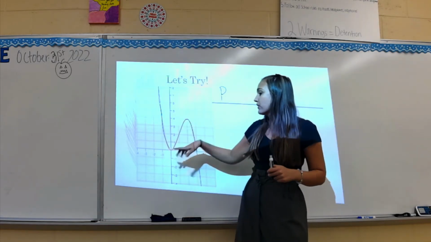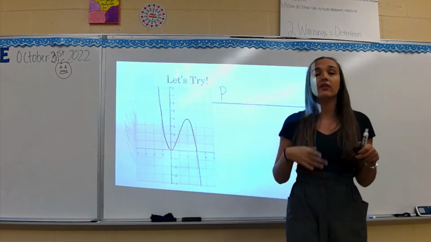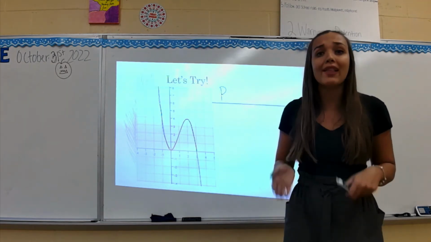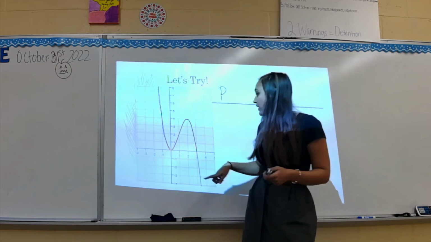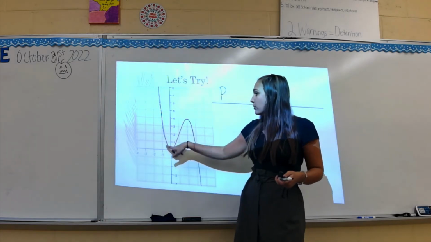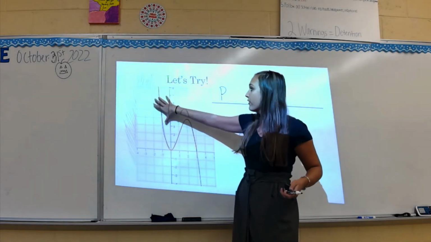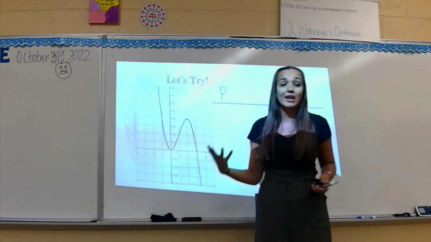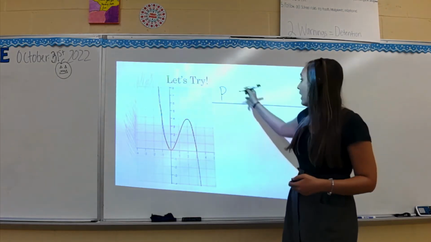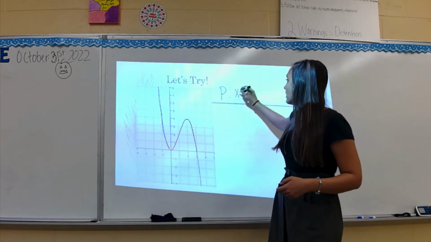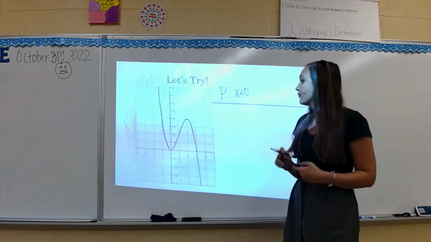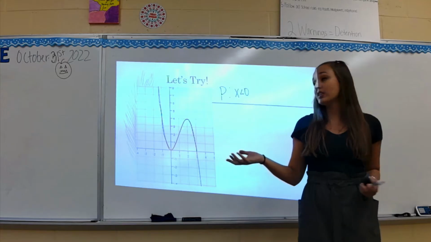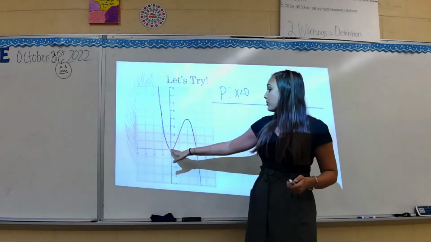So let's look at these x values. Every time we're doing positive, negative, increasing, decreasing, we are looking at the x values. So our x value here is 0, and as we have this portion of the graph, our x values are getting less than 0. These negative numbers are less than 0. So our positive is going to be when x is less than 0. Along with, we are seeing that our graph is positive between here and here.